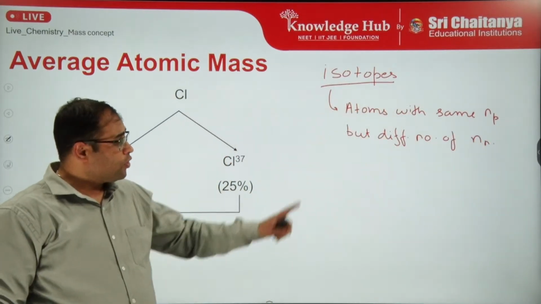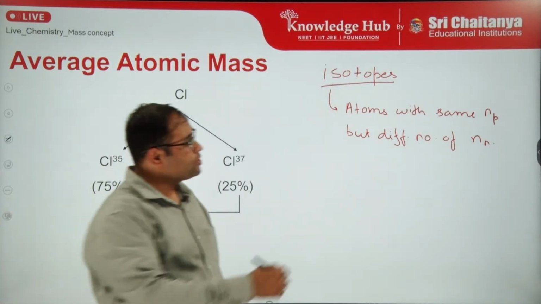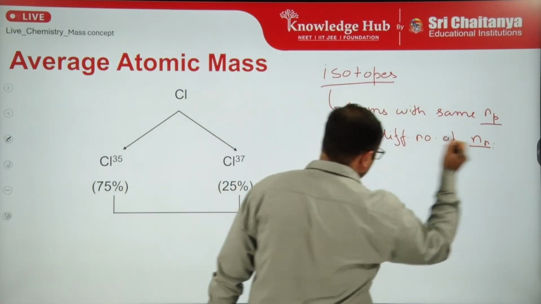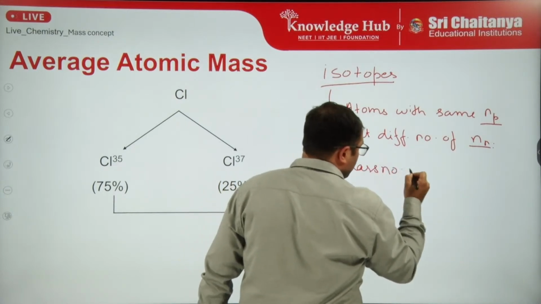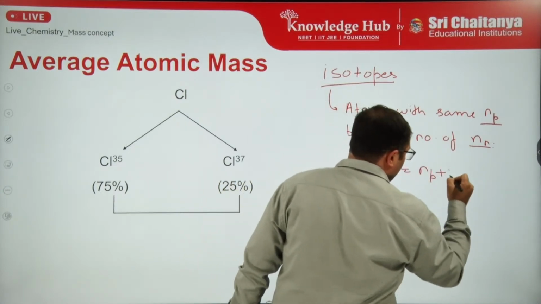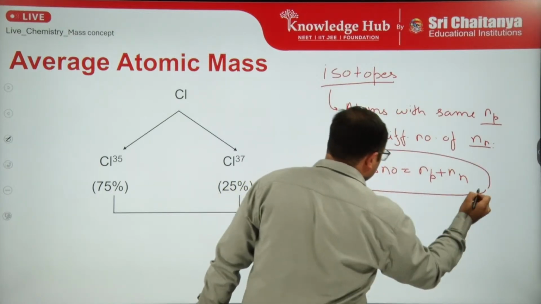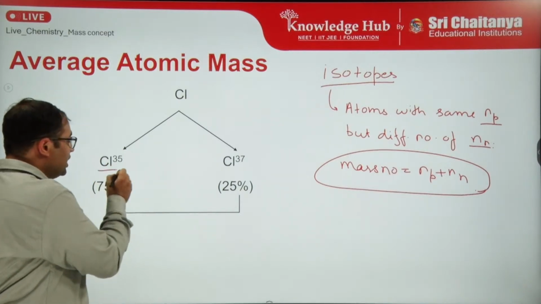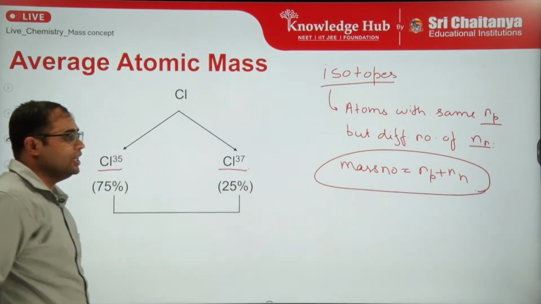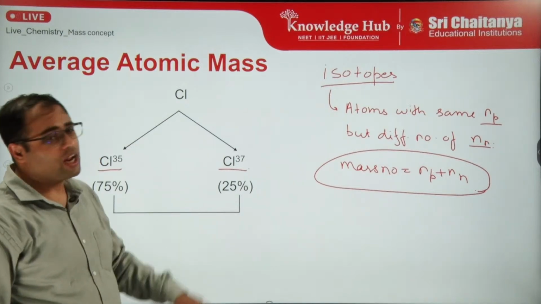And since the number of protons is the same and the number of neutrons is different, and because the mass number is the number of protons plus the number of neutrons, this mass number comes out to be different, as in the case of Cl35 and Cl37, correct? So these two are isotopes.